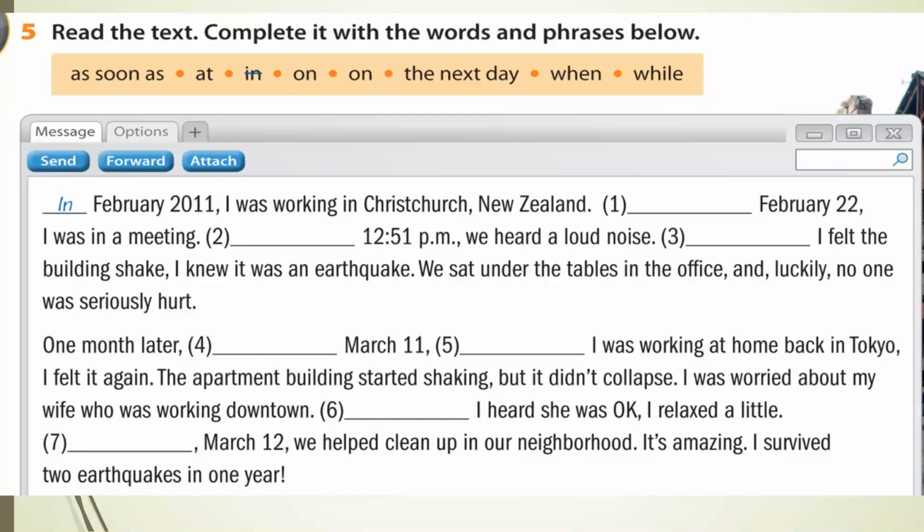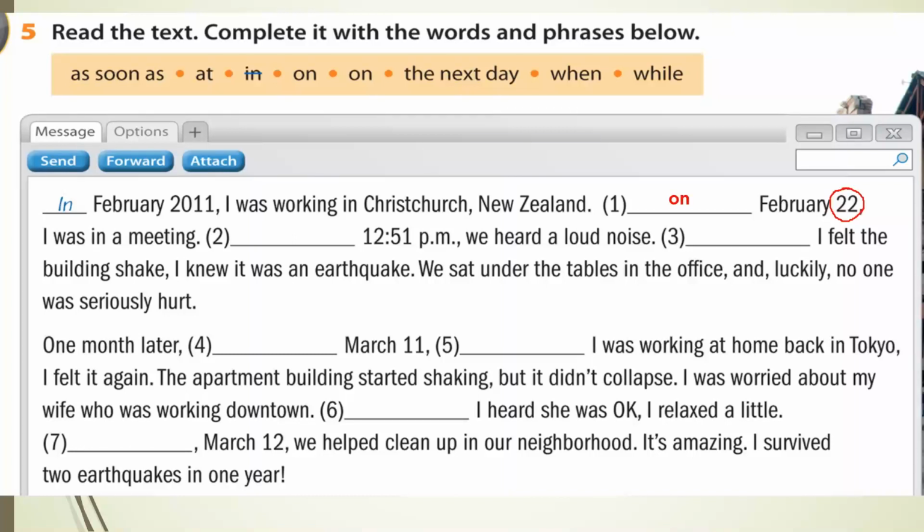What will determine the preposition I'm going to use here is the day, this number 22. When I have a day in a sentence, I need to use the preposition on. If I didn't have a day here, then in would be the preposition for February.